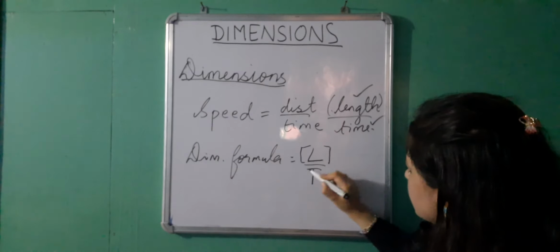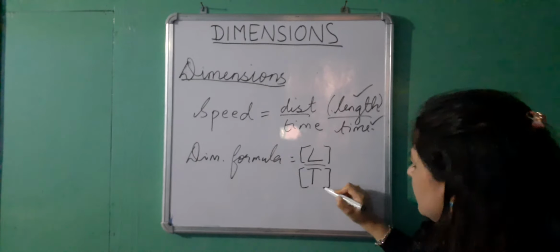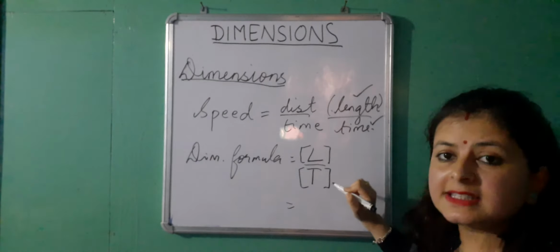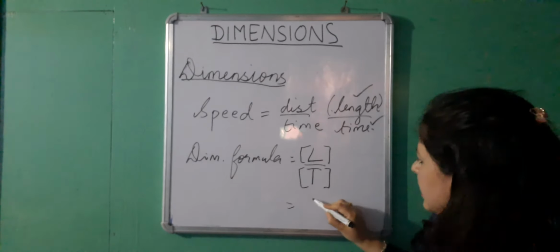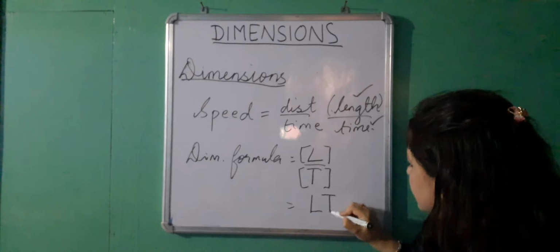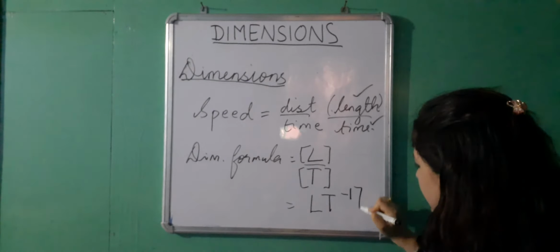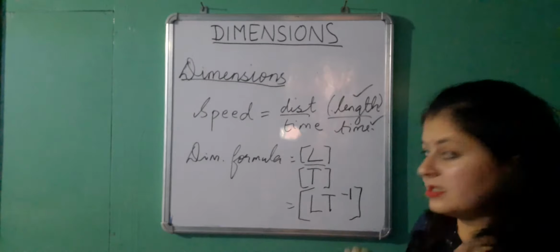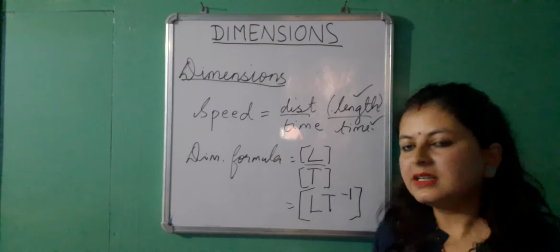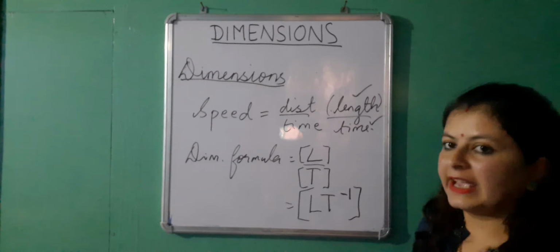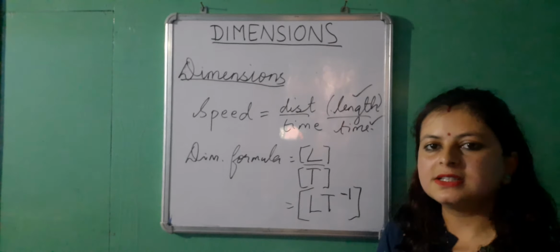Sometimes we can put this square bracket as well. Now since this T is in the denominator, we can write L T to the power minus 1. So powers in the denominator, if written in the numerator, the power just becomes negative of what it was in the denominator.